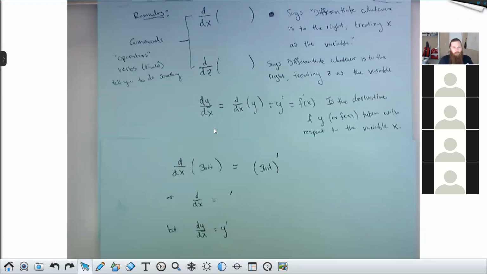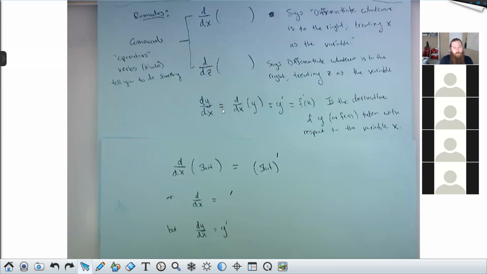The notation can be confusing when you're first meeting it. Be grateful we're not using Newton's notation. It was much, much worse. The dy stuff, d/dx, whatever, all of this is called Leibniz notation. The prime notation is much more modern. This is what mathematicians use these days 9 times out of 10. But there is utility to the Leibniz notation.